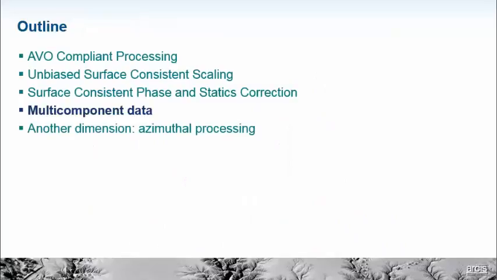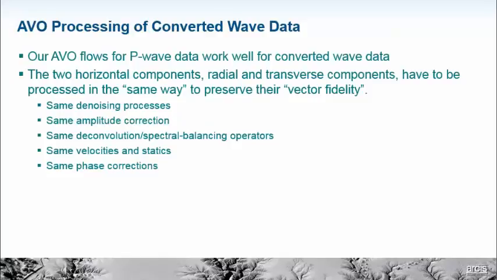So I'm the 3C guy here primarily, so I'm going to talk about some multi-component data here and how our AVO processing basically carries over directly into the converted wave world without a whole lot of variation, except of course that we start out at least with 2 horizontal components, and you have to be consistent between the 2 in all processing steps.